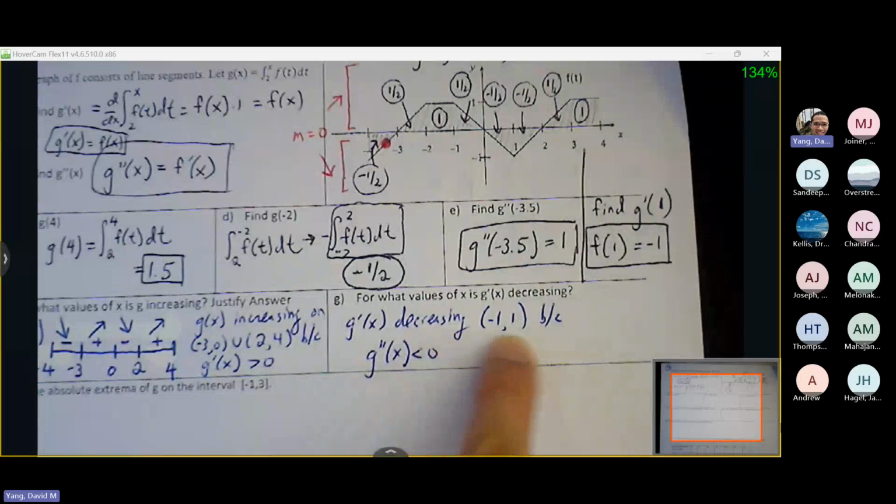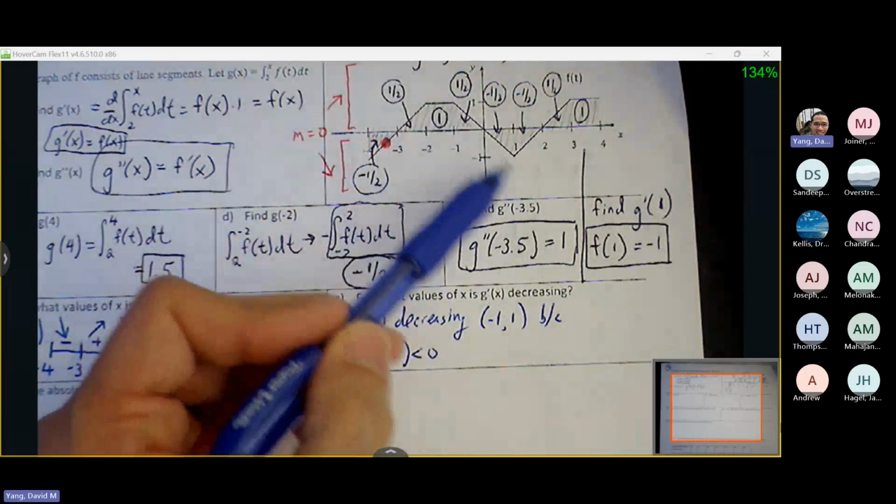So G prime is decreasing because G double prime, or basically the slope of my G prime graph, is less than 0. I have a negative slope on my G prime.